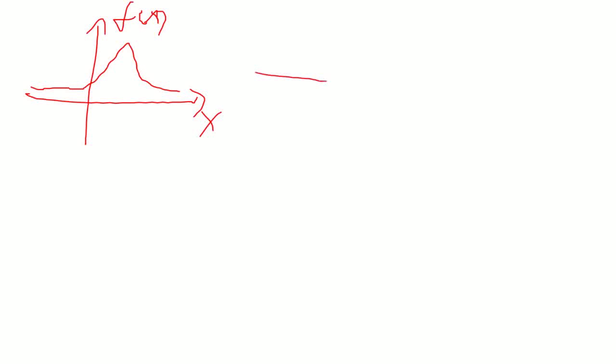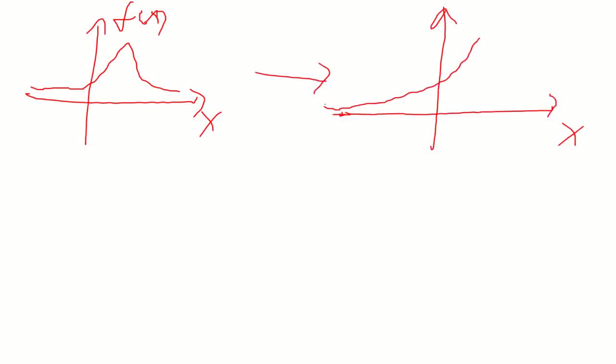So first, let's draw the f of x. It's like this, and from this we can get the CDF of x. It is, when x goes from minus infinity, minus 1, 1, 0, this is capital F of x.